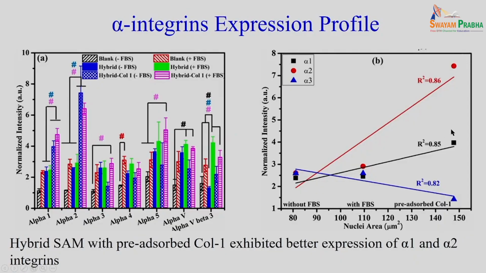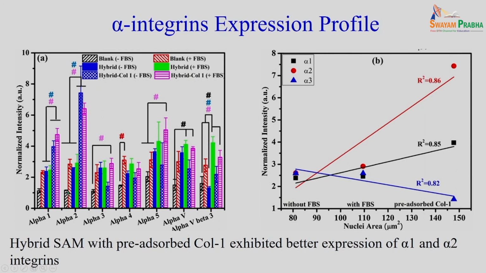So, the integrin expression is increasing, particularly alpha 1 and alpha 2. Better expression of these alpha 1 and alpha 2 integrins suggests better cell adhesion.